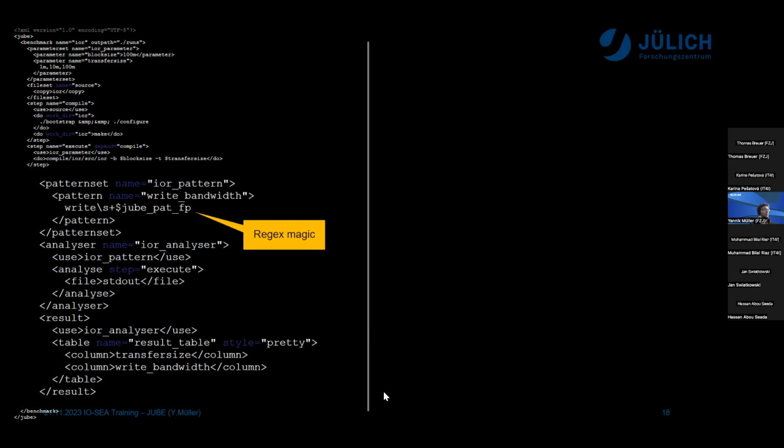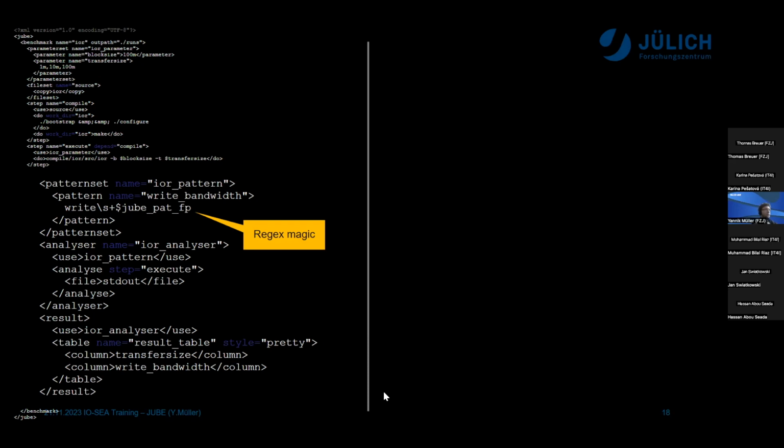So here we have only one pattern set, one pattern called write bandwidth, and we work with regular expressions to find in the output the values that we are looking for. As you see here, it says write_ \s+ $jube_pat_fp.